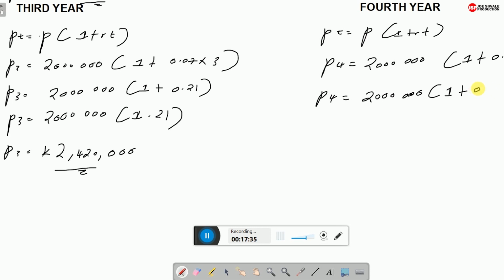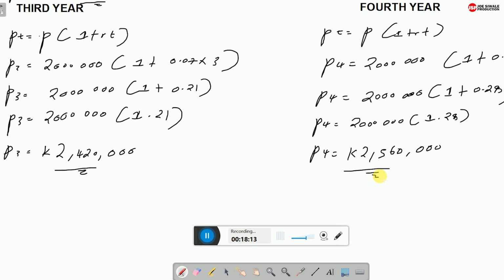There we're going to have 0.28. So our P4 is equal to 2 million, then 1 plus 0.28, we're going to have 1.28. So our P4 is going to be equal to 2 million multiplied by 1.28. We're going to have 2,560,000.